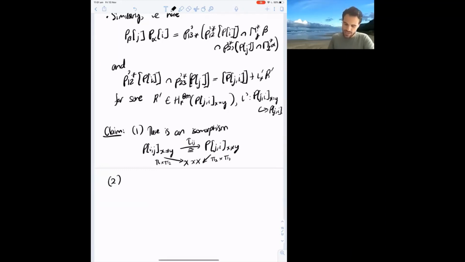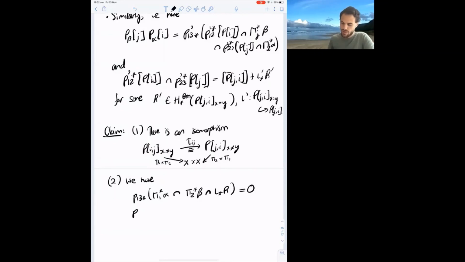And then the second claim is that we have basically the part of the expression for the correspondences that we have, which involves this contribution from the lower dimensional thing, is 0, right? So we care about this because the remaining term in the cap product that we care about is exactly like this kind of thing, which is a contribution plus the class of the closure of this thing, right?